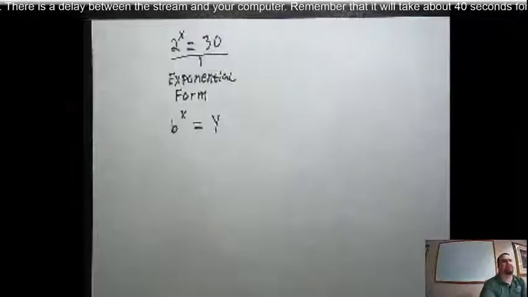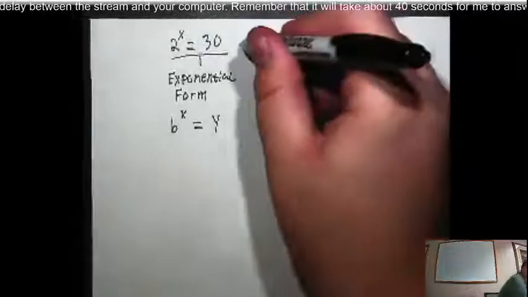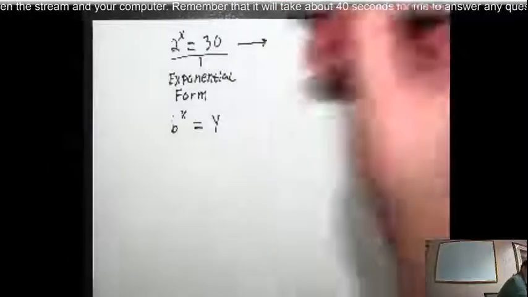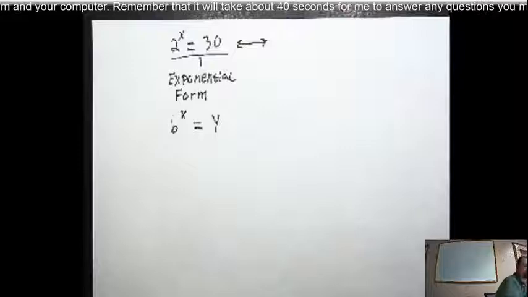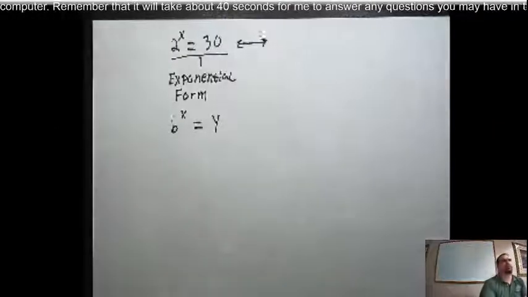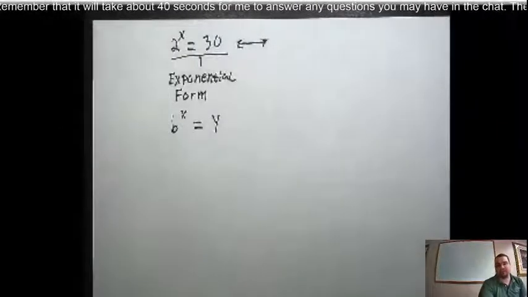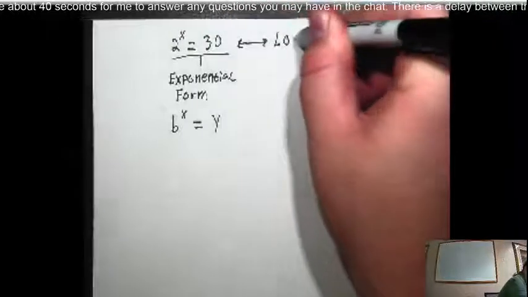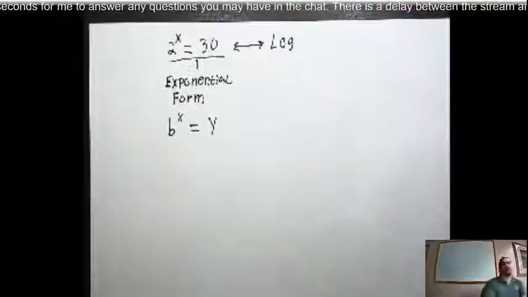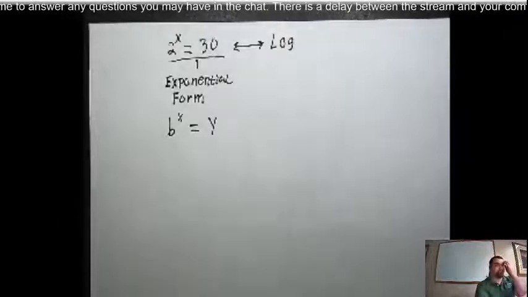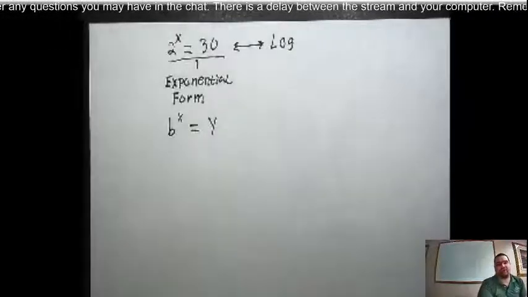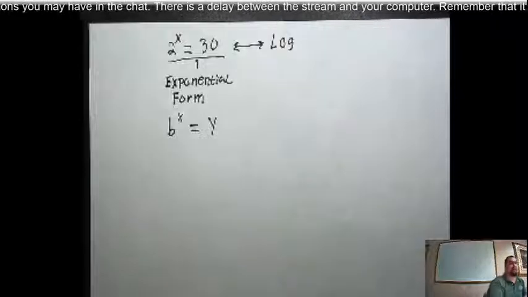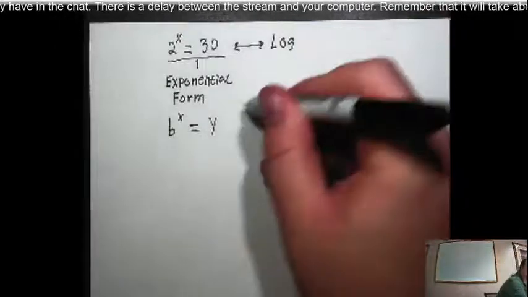Now to go from exponential form to logarithmic form, we need to switch a few things around. First of all, we need to define a log that we're going to use. The log that we're going to use is going to be defined by the base, the b.